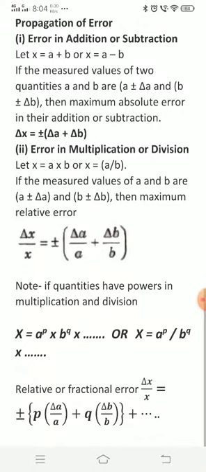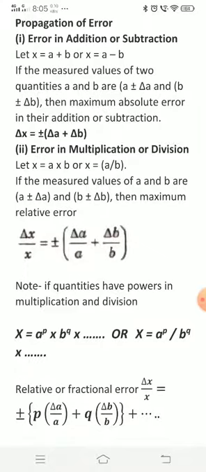Similarly, a quantity x is represented as the product of two quantities A and B or the division of two quantities A and B. Then if A and B are measured, both the measurements will give some error, so x will also have some error.